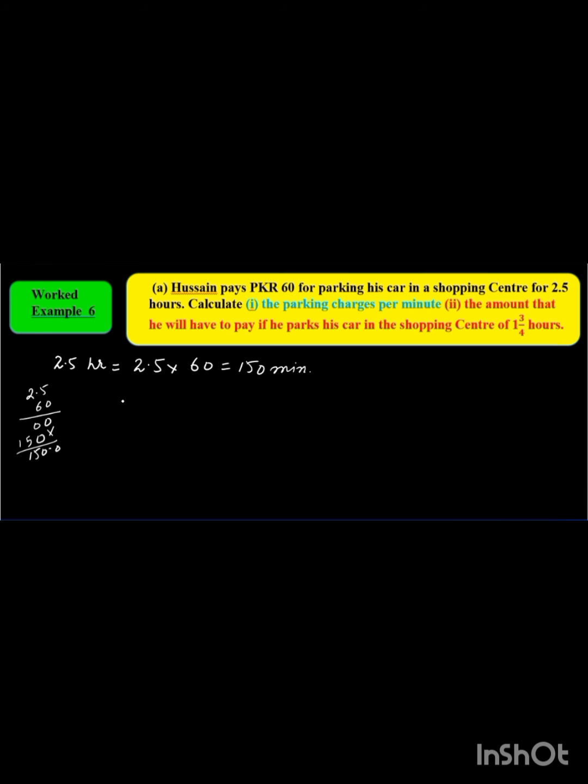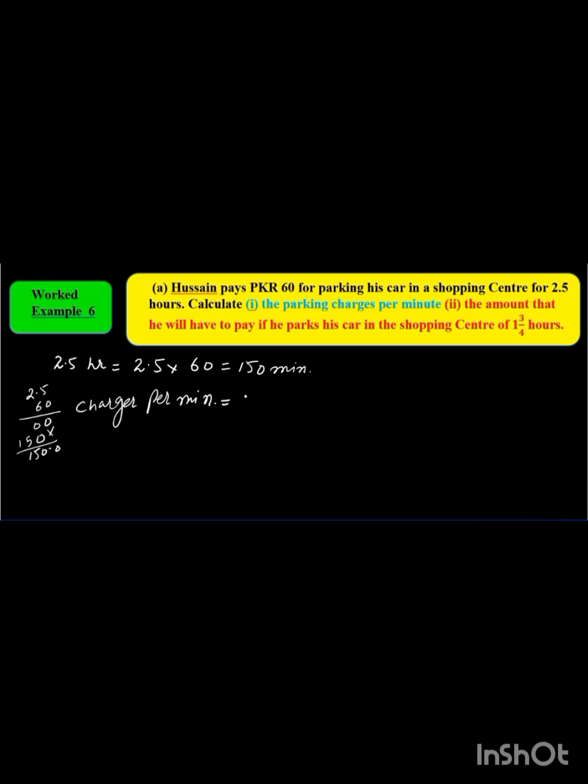So now come to the question, the parking charges per minute. We have the total parking price, that is PKR 60 for 150 minutes. So what are the charges for 1 minute? You can write here, charges per minute. I write it shortly, you can write the complete spelling of minute.